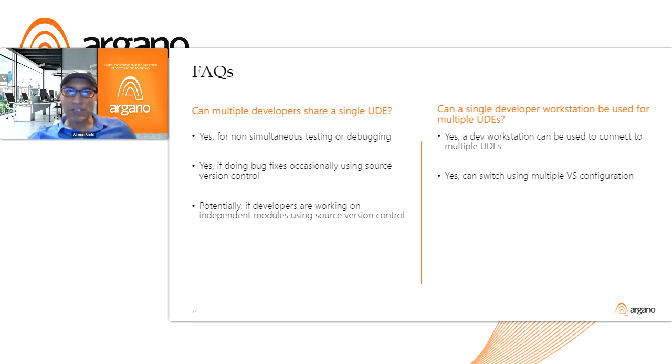The other typical question is: can a single developer workstation be used for multiple UDEs? So you have one developer box or local machine, and you install multiple instances of UDE. The answer is yes, technically you could do that, and the workstation can be used to connect to multiple UDEs.